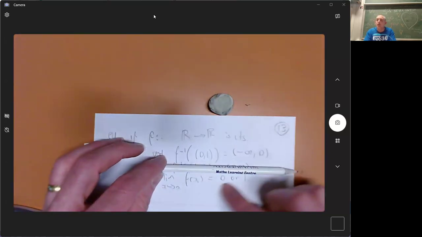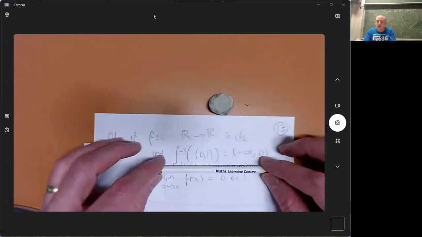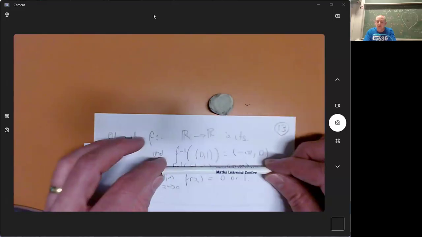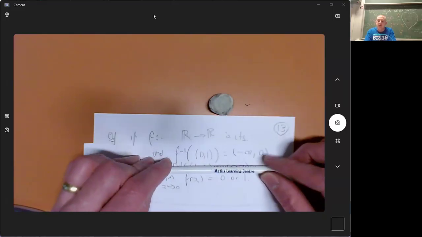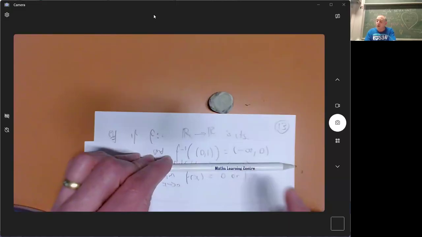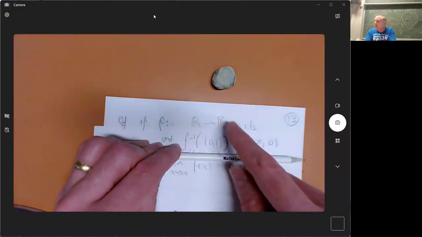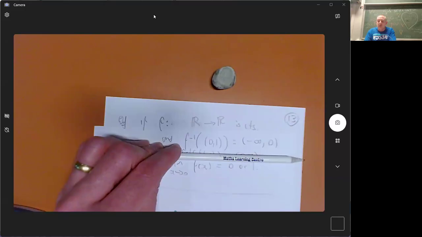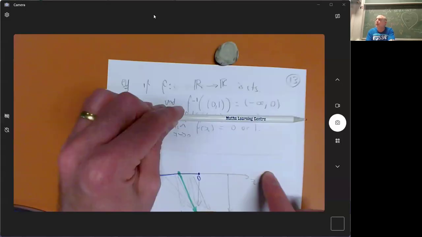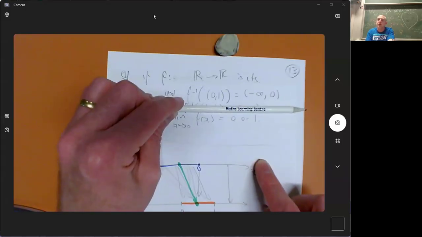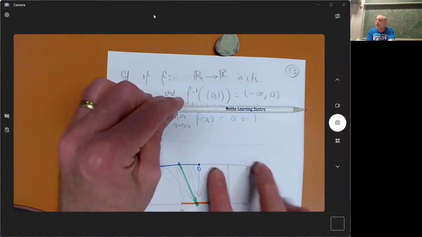Well, I don't think we can get the 0 and 1 from this, but I am looking at this and saying, even without that information, my function, if it does go from R to R, even if my function was equal to a half, it couldn't be equal to a half for any of these numbers, because the pre-image of 0, 1 doesn't include any of these numbers.